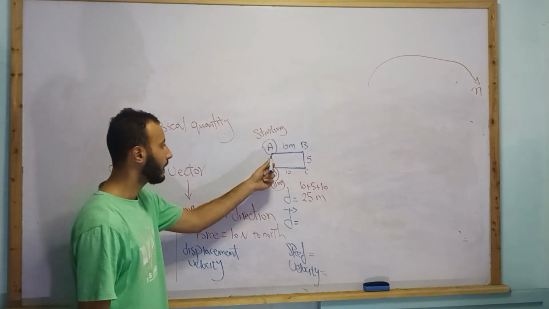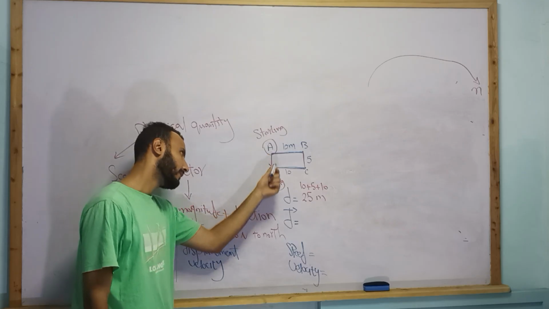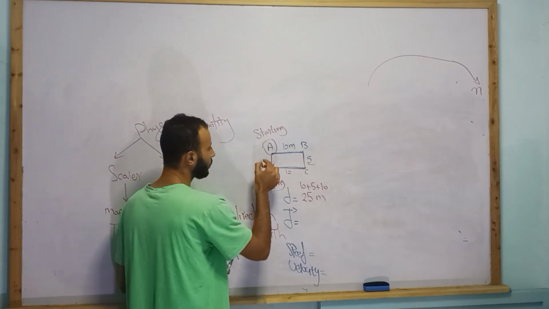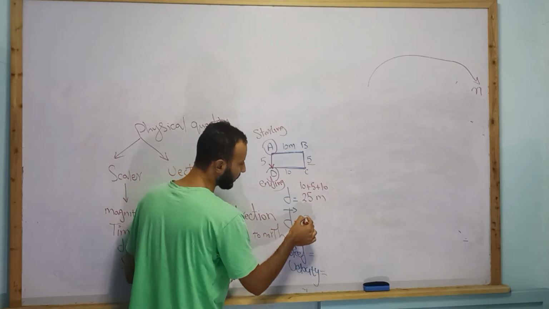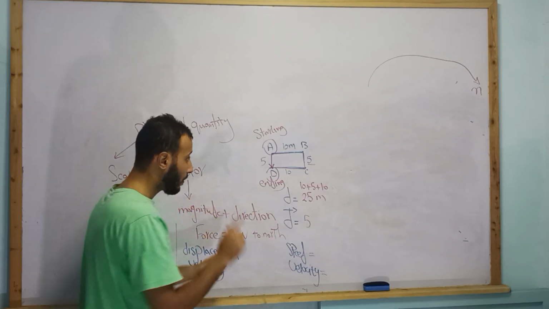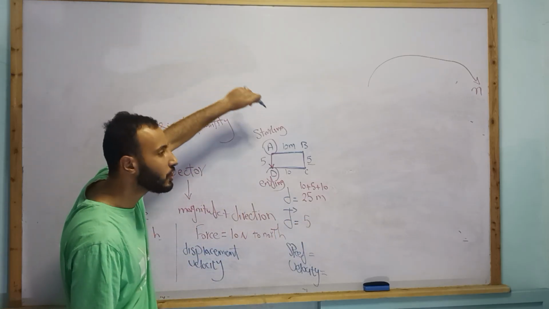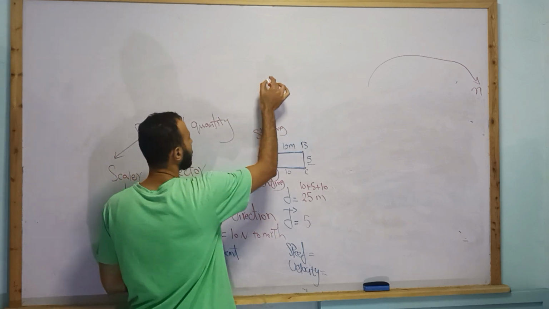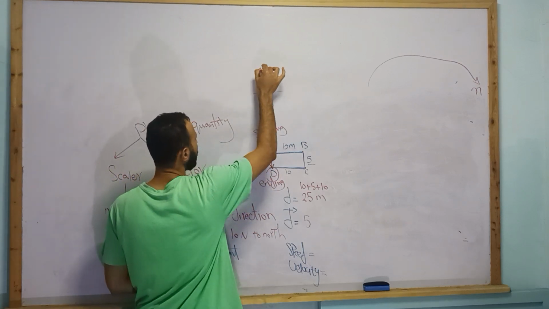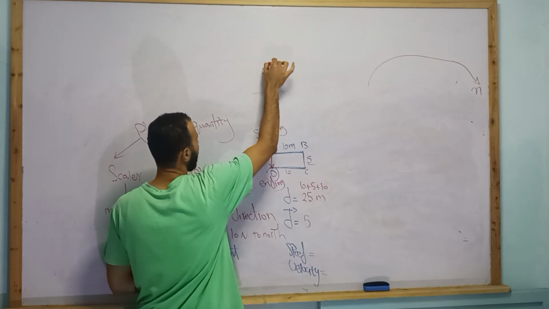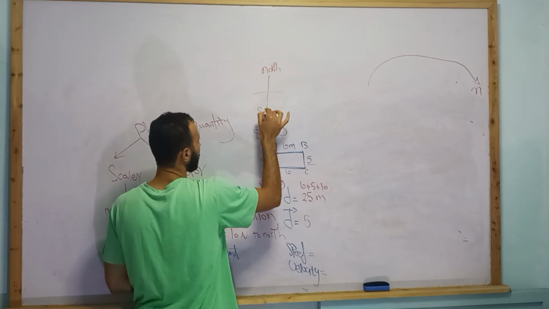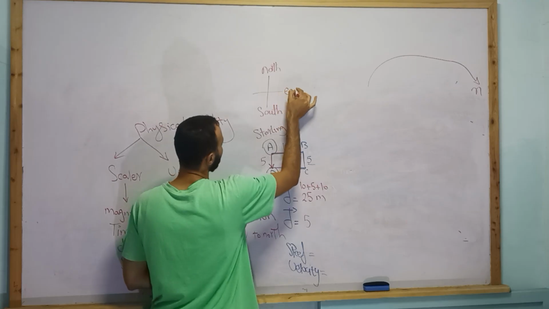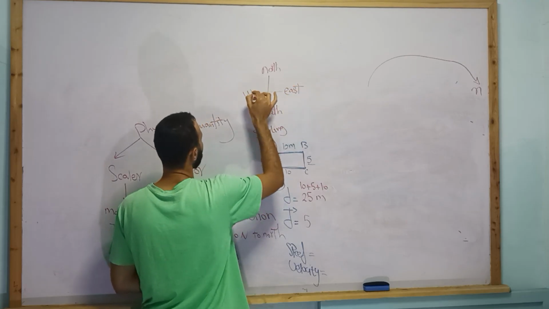Let's get the length of this vector, or the length of this displacement. Because this one is 5, this one is 5. So the displacement is 5. But in which direction? If you have the directions, here is north, here is south, here is east, and here is west.